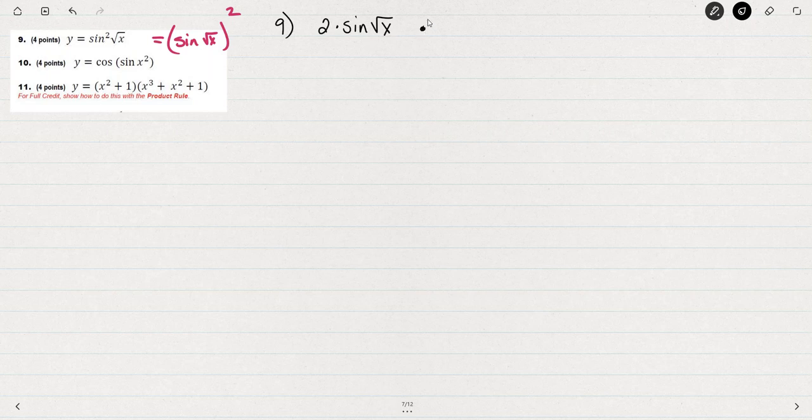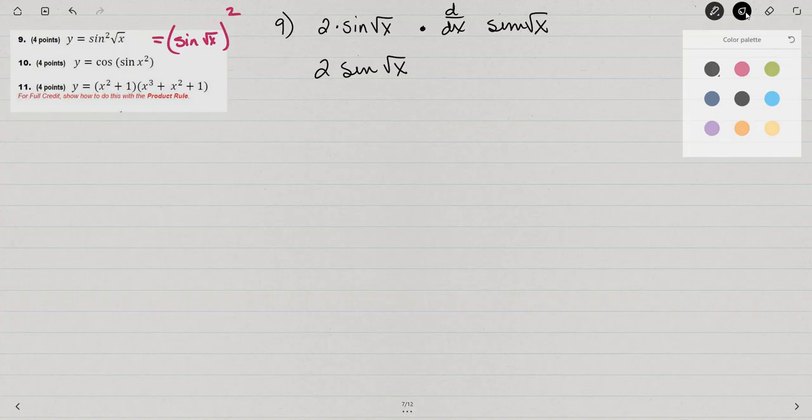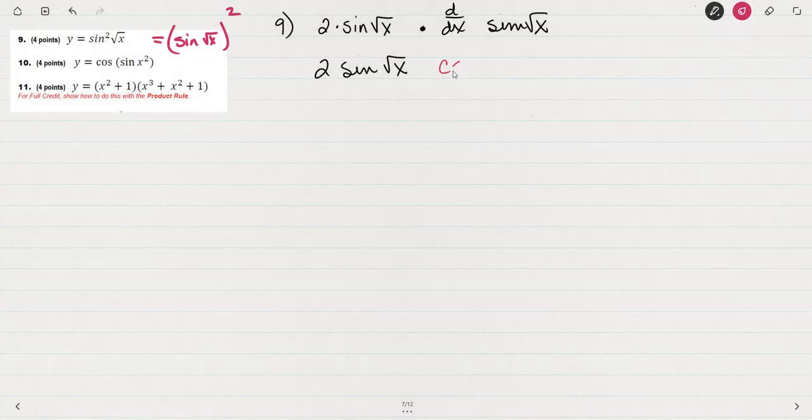But then I have to do the derivative of sine square root of x. Let me carry down the 2 sine square root of x. The derivative of sine square root of x is now going to be cosine of the square root of x, but then I have to remember to do times the derivative of the square root of x.